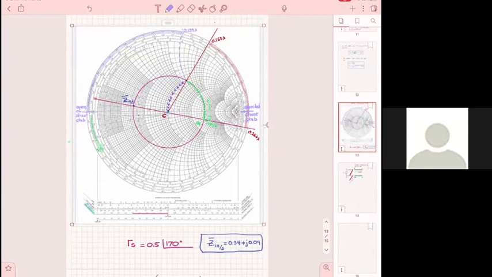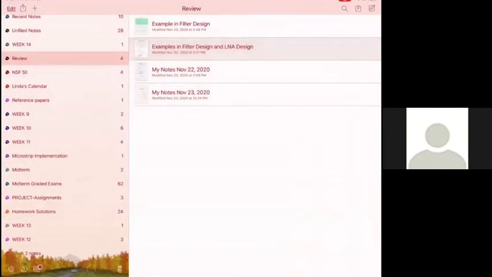Professor, could you open one of the review documents you posted, the one with the 22 pages? Tell me, what is the title? We solved an LNA that is not unilateral.